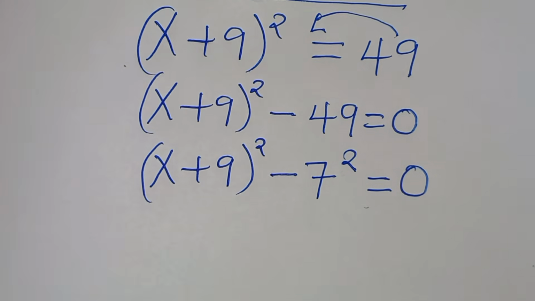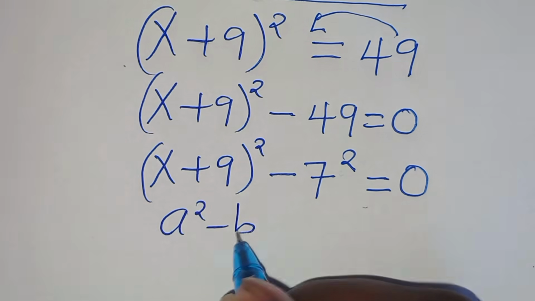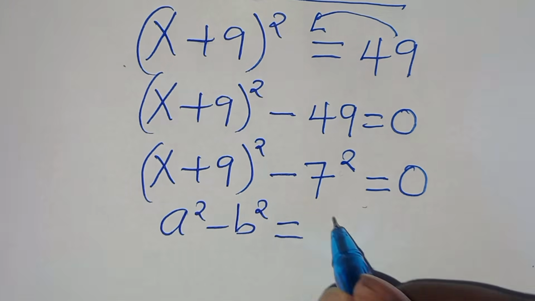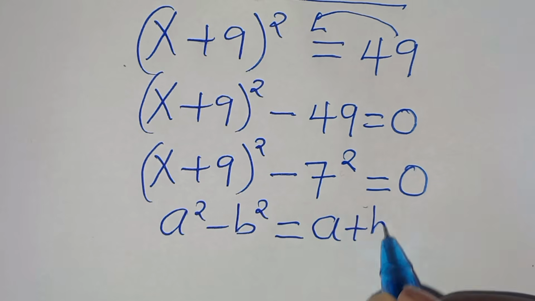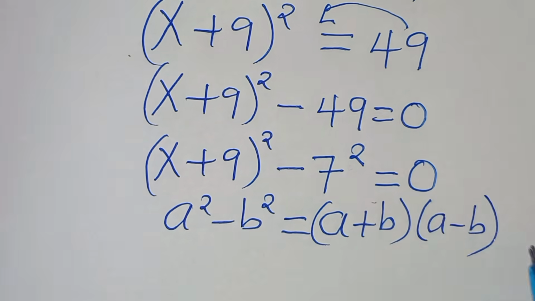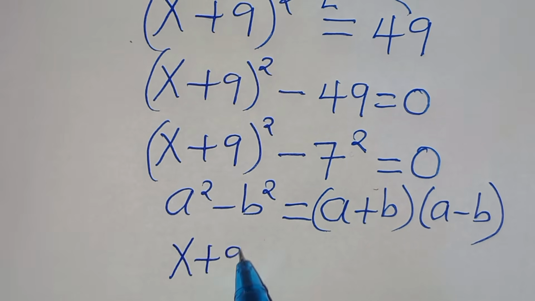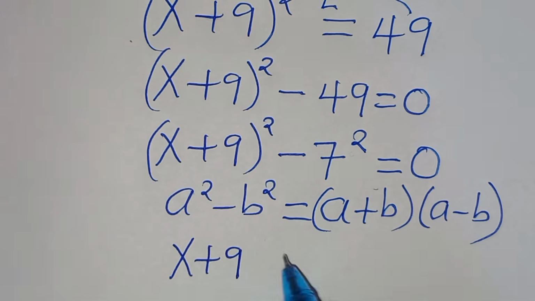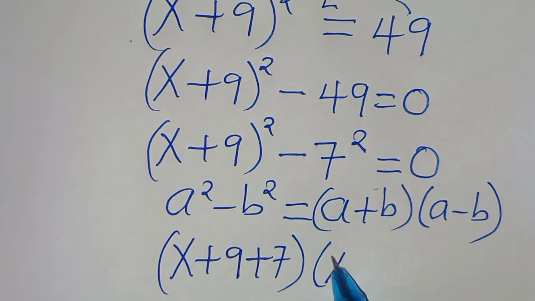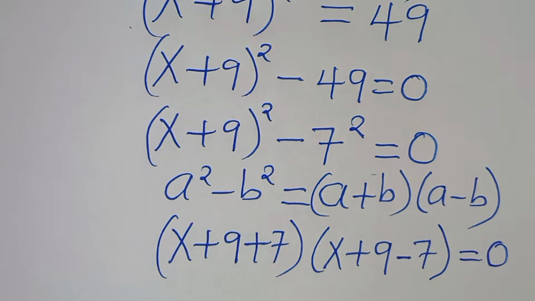Now we find that this equation is of the form a^2 minus b^2. This is the difference of two perfect squares, which we can express as (a + b) multiplied by (a - b). So we have (x + 9 + 7) multiplied by (x + 9 - 7), and this is equal to 0.